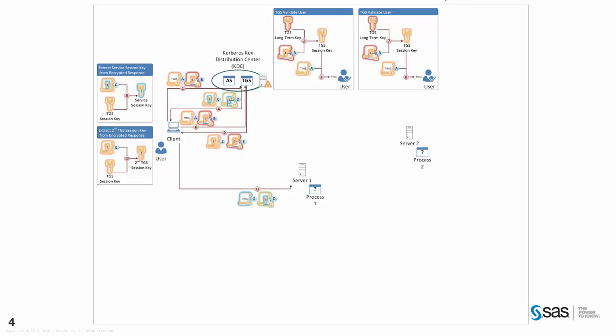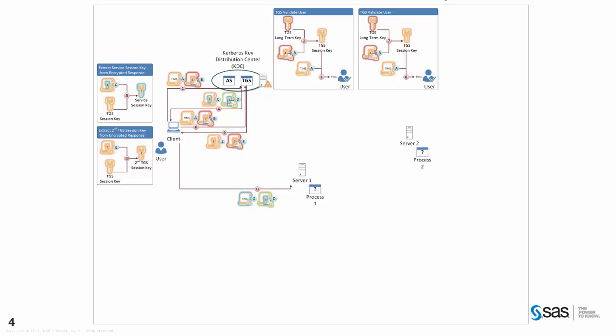Now, in step 11, the client connects to the service with a KRB AP request. Remember, this is most likely wrapped inside the protocol used to connect to the service, such as GSS API.